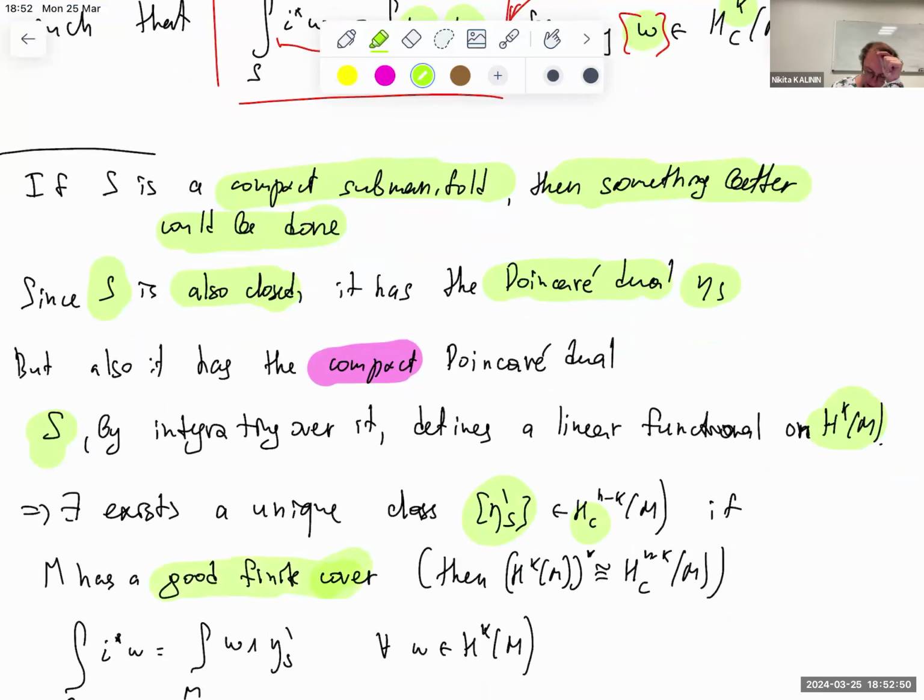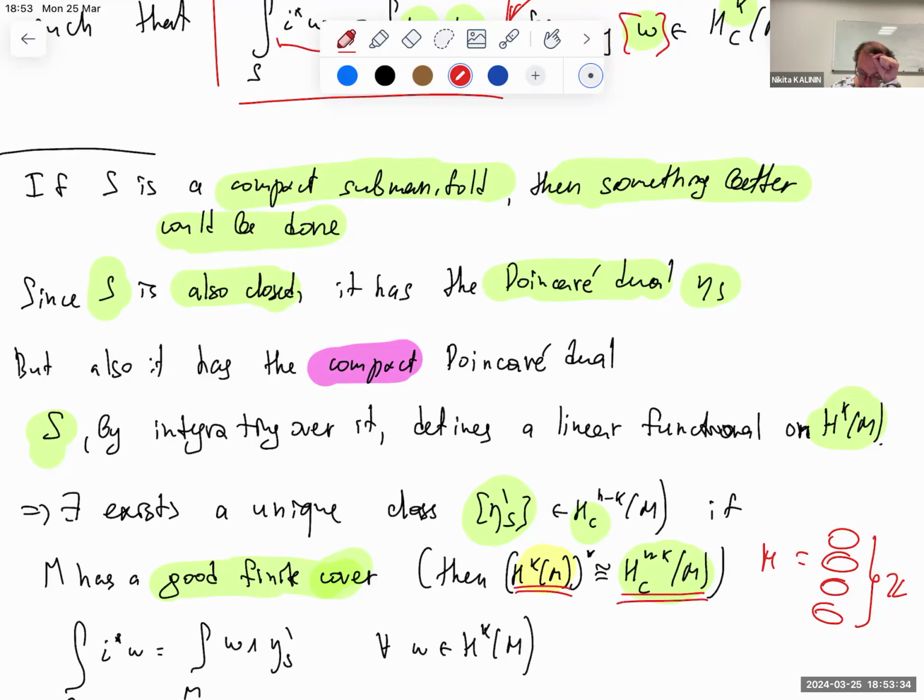So you remember we had some discussion that the dual to cohomology with compact support is always the usual cohomology, but the dual to usual cohomology is not necessarily the cohomology with compact support, right? Because there are some problems. For example, if M is a disjoint union of an infinite number of connected sets, then the usual cohomology will be R to the power of Z, and the dual will be very big.